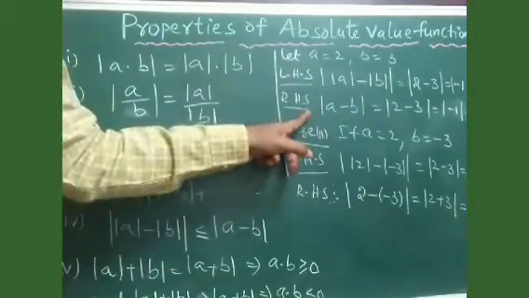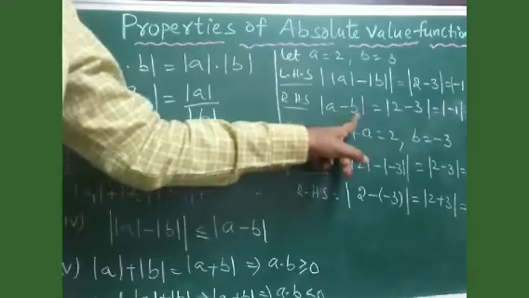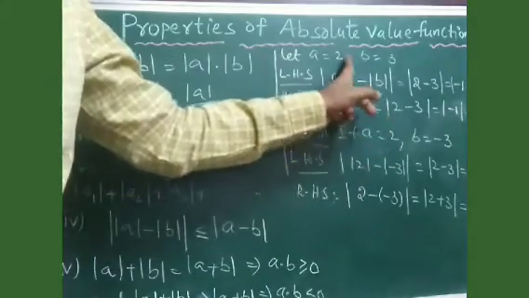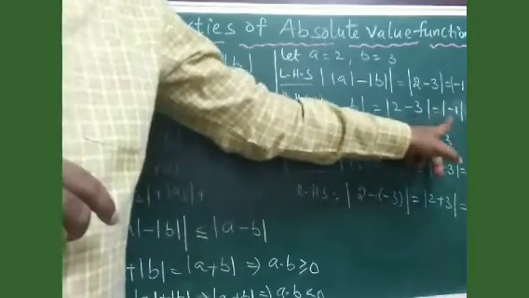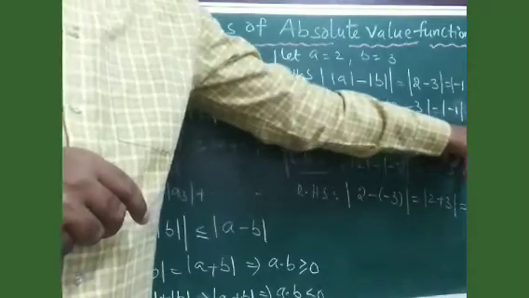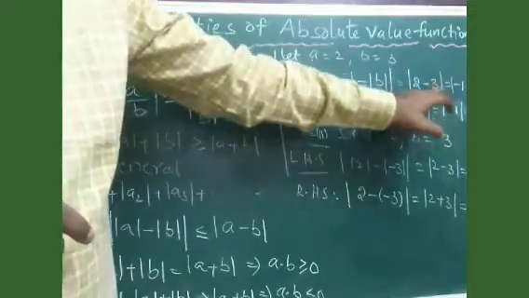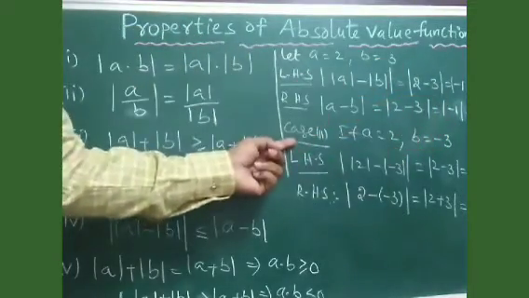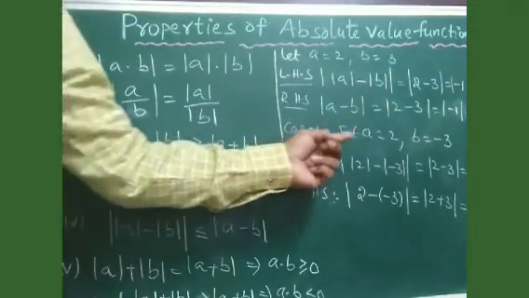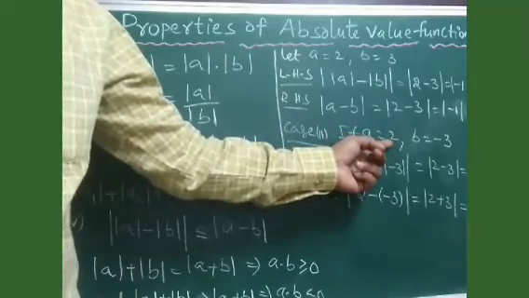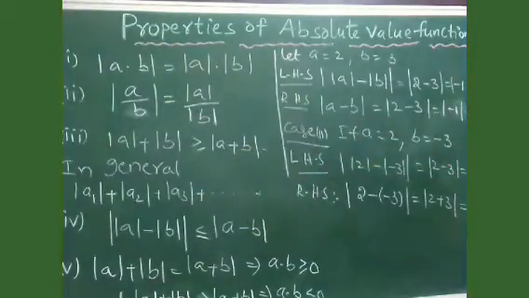And now go for RHS, which is mod of A minus B. So modulus of 2 minus 3, actually modulus of minus 1, which is 1. So in this case 1, we got both are equal. Now let us proceed with case 2, and this time let me assume A is equal to 2 and B is equal to minus 3.